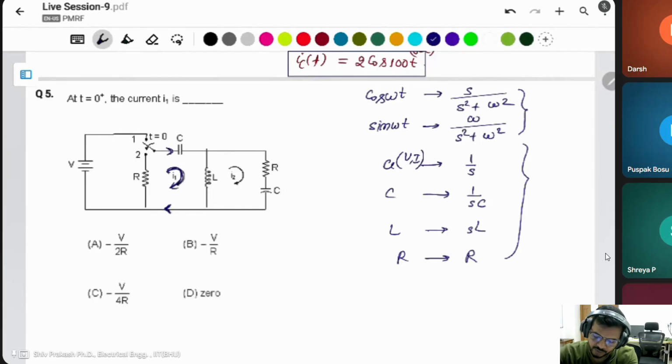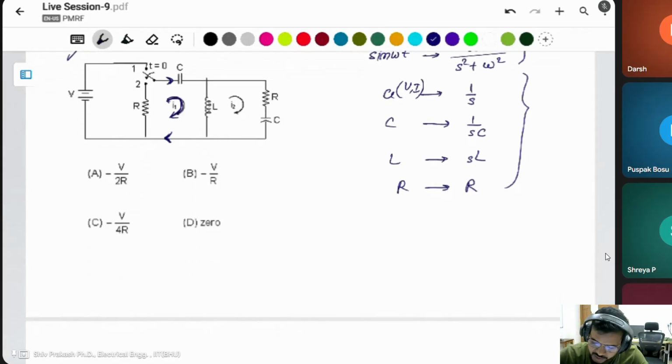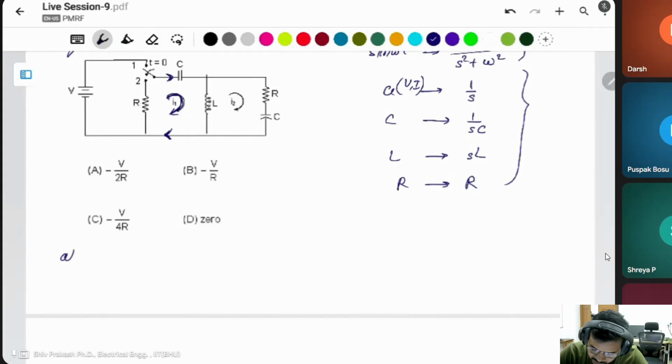We have to find the initial condition at t equal to 0 minus and 0 plus. First we have to find at t equal to 0 minus.